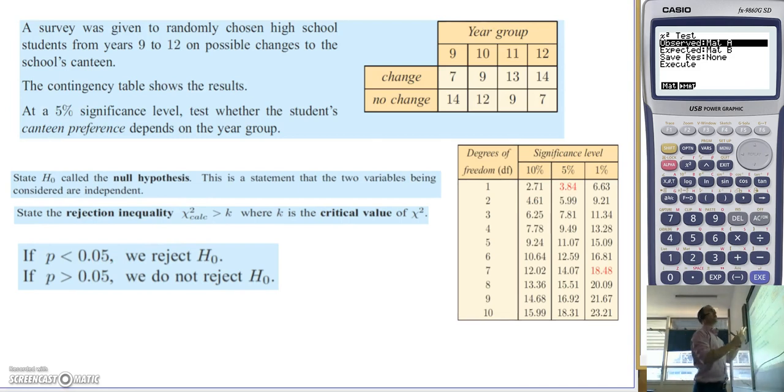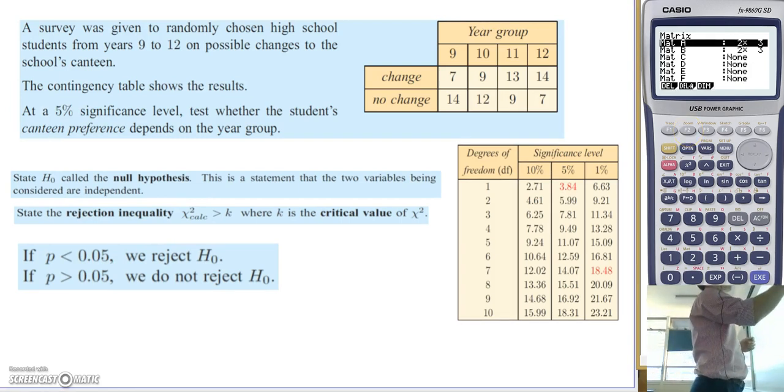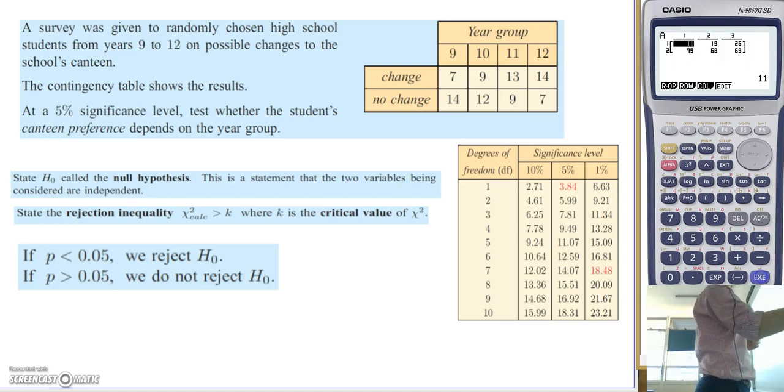So our example here, we're going to come back into Matrix. So I'm still in the chi test. So it's a 2 by 3. Oh, sorry, it's 2 by 4. I'm going to add in an extra column. Okay, so exit out of that. Now I've got 7.